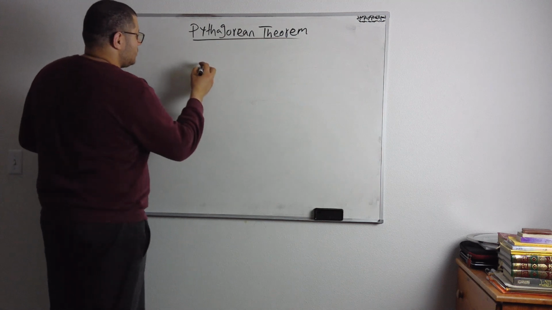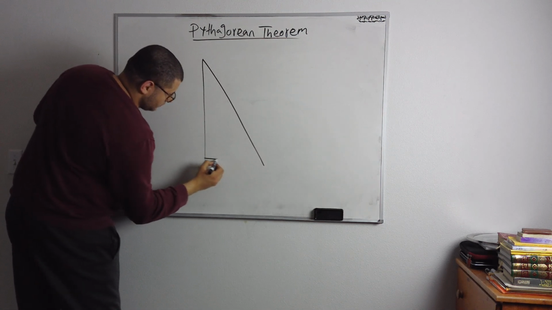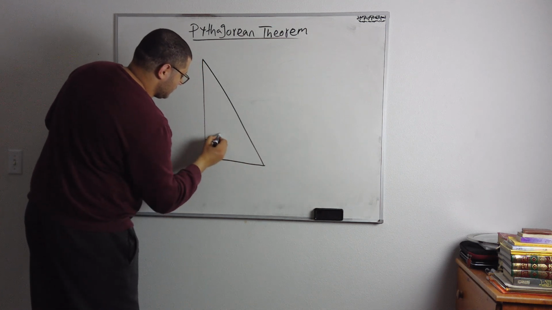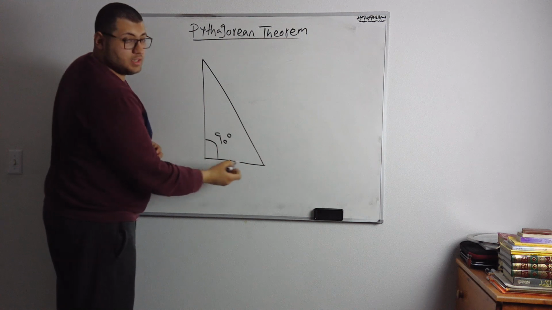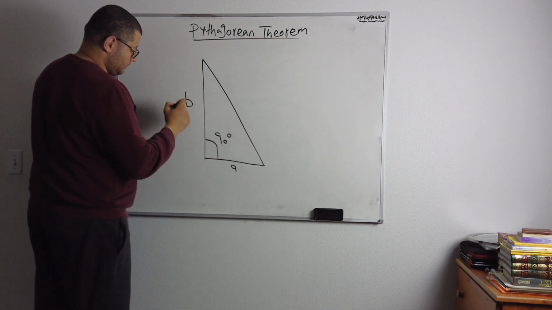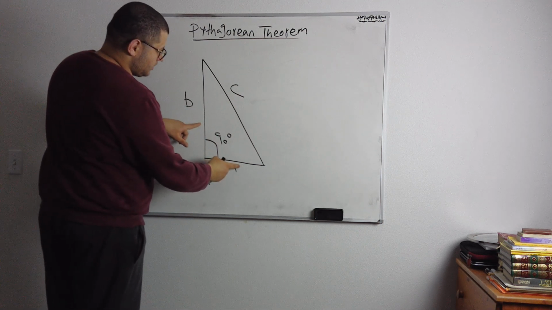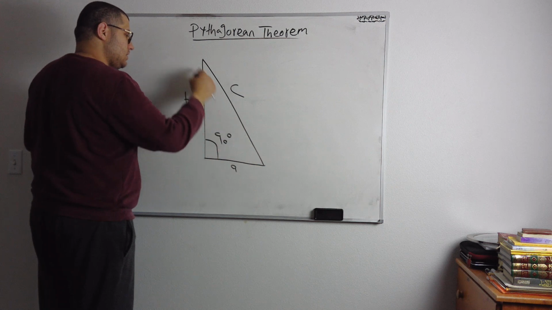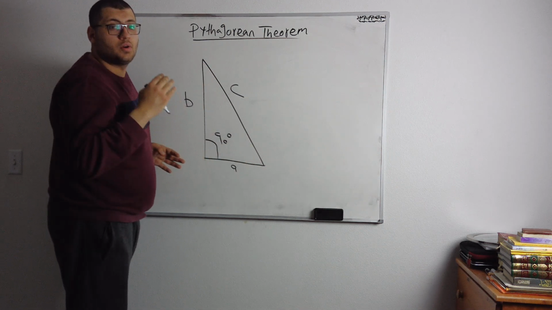So if we have a right triangle, 90 degrees, let's call this side A, let's call this side B, and let's call this side C. These are two sides of the triangle. This side here is always the longest side in a right triangle.